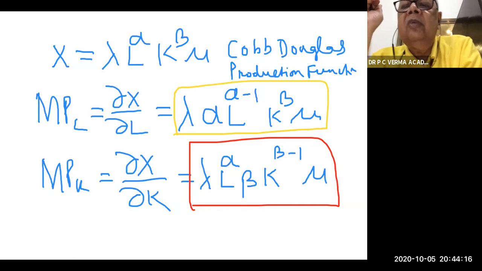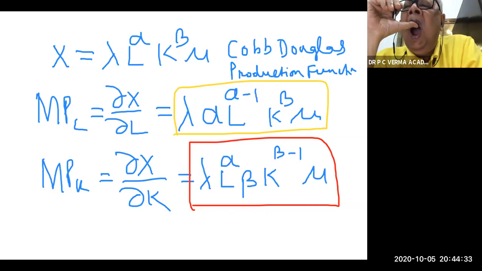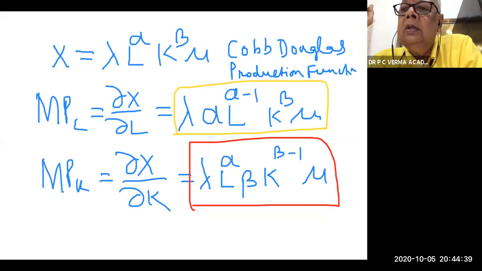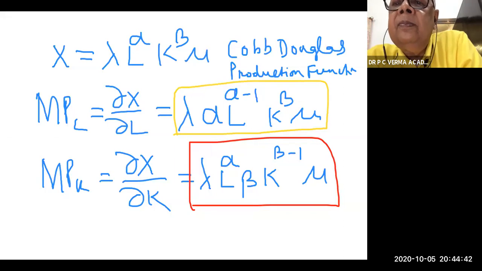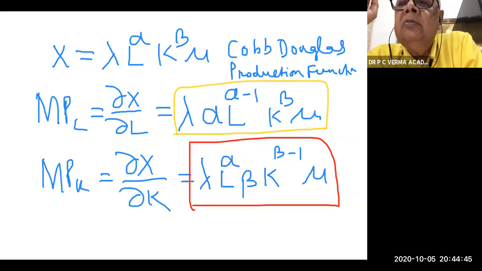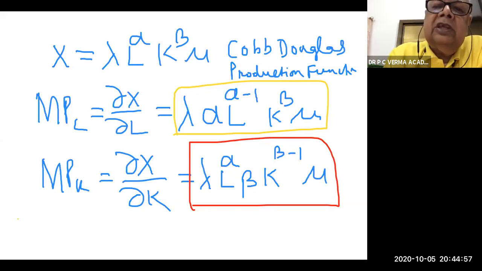Marginal productivity of labor is derived from the Cobb-Douglas production function. It is the first partial derivative of X with respect to L. X is the Cobb-Douglas production function output. Here X is output.